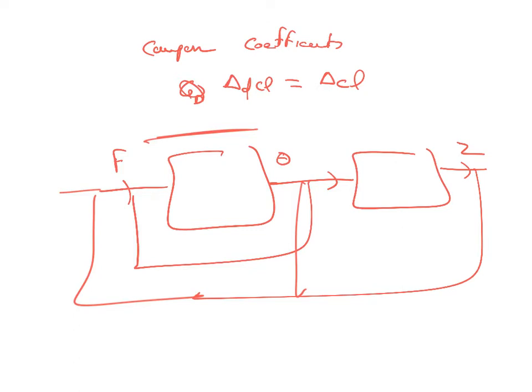In that, your characteristic equation will be a function of the gains, PID, or all three gains if you are using integral gain as well. Then compare the coefficients with the desired characteristic equation, meaning you have some desired poles where you want your system to be placed, and then you compute your Kp, Kd, and Ki. So that's the summary of a week and a half of material that we have covered.